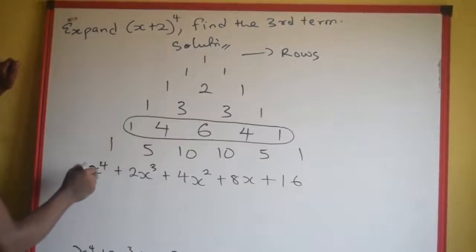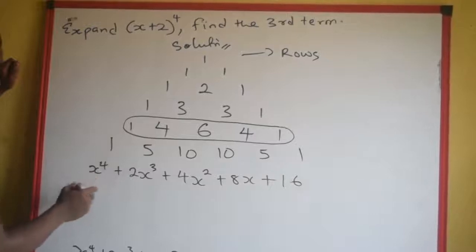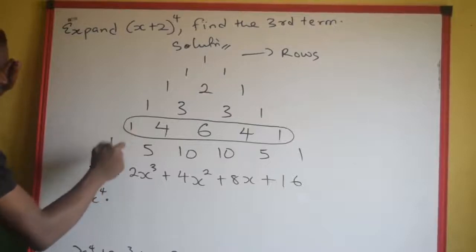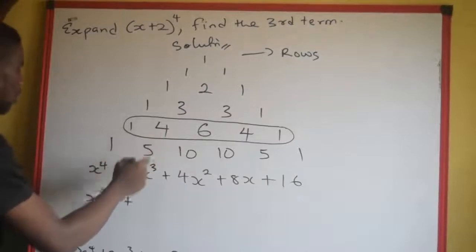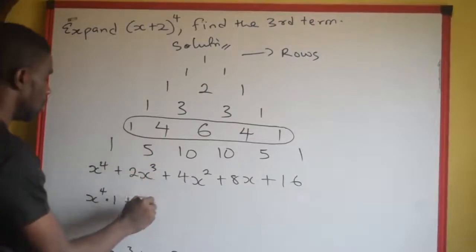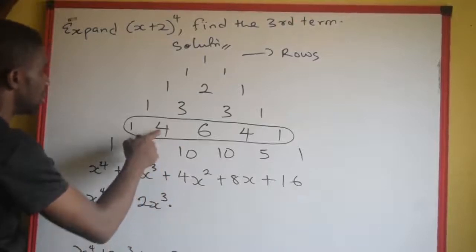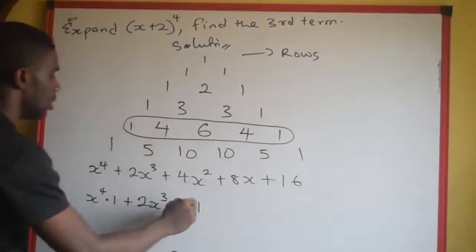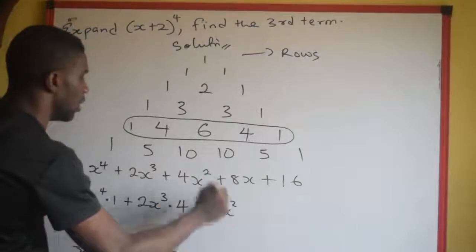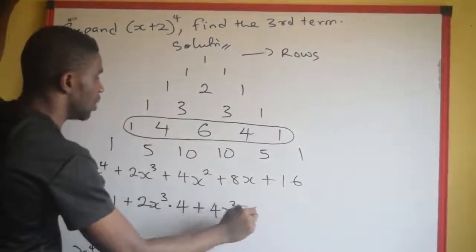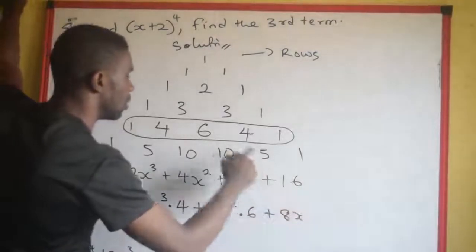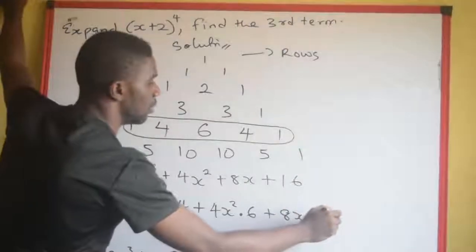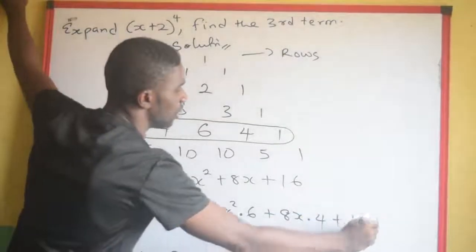So we have x raised to the power 4 times 1, plus this guy, which is 2x raised to the power 3, times this guy, which is 4, plus 4x squared times 6, plus 8x times 4, plus this 16 times 1.